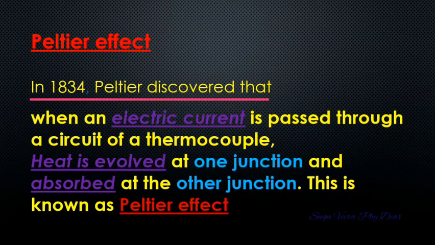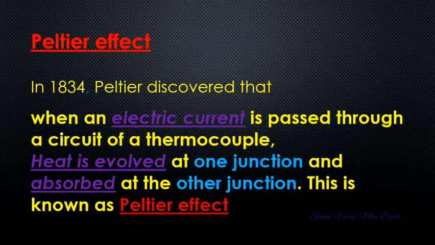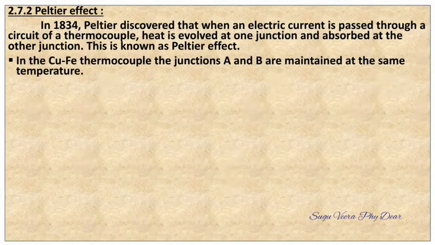Second effect, Peltier effect. In 1834, Peltier discovered that when an electric current is passed through a circuit of a thermocouple, heat is evolved at one junction and absorbed at the other junction. This is known as the Peltier effect. In a copper and iron thermocouple, the junctions A and B are maintained at the same temperature.